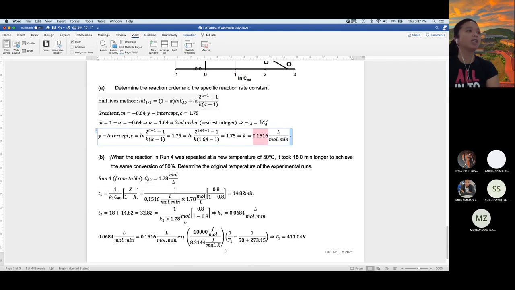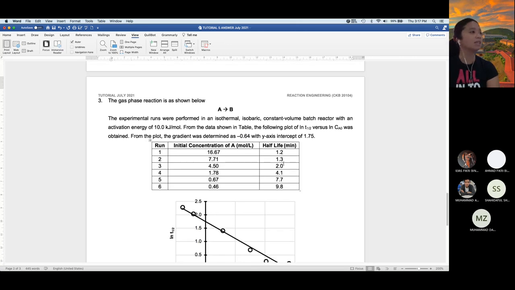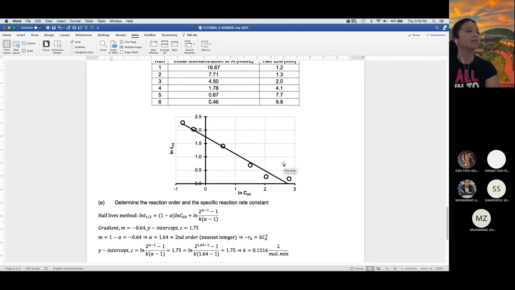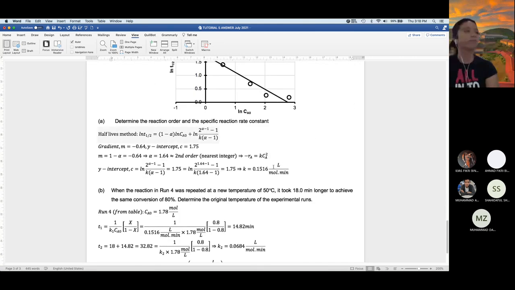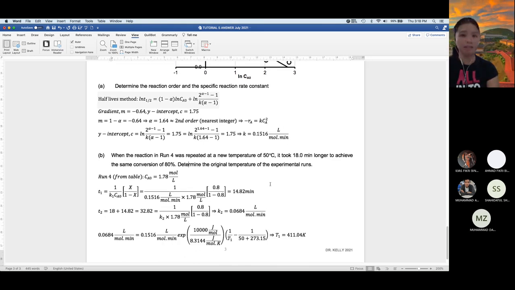When the reaction in run 4 was repeated at a new temperature of 50 Celsius, okay, suhu asal tindak balas dia tak cakap berapa. Dia kata sekarang kita ada suhu baru terus. Suhu baru tu 50 Celsius. Dia kata it took 18 minutes longer to achieve the same conversion of 80%.